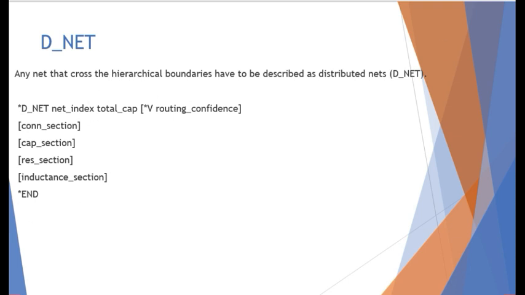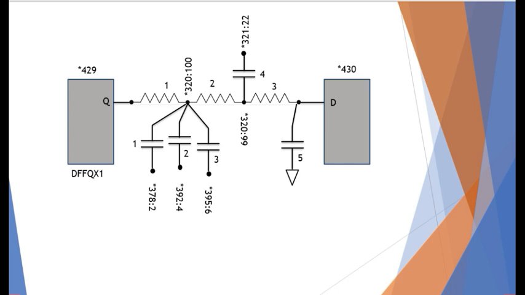For example, you want to specify the DNet section, the parasitics, for this particular circuit. There are two flops, and this particular flop is being represented by this index. In the name map, this particular flop will be represented by this 429 index. Similarly, the index for this flop is 430, and the index for this particular net is 320.